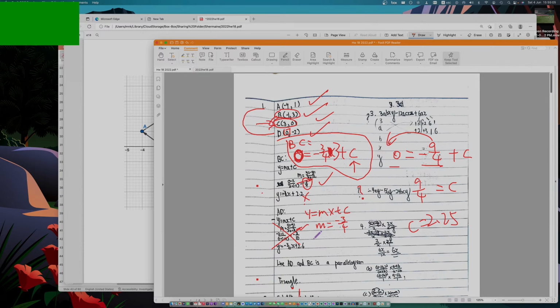Now you just put it in, so it's y equals negative 3 over 4 plus c. Can you help me find c by doing the way we did just now? Show me how to do this manually. Calculation. We are talking about AD.